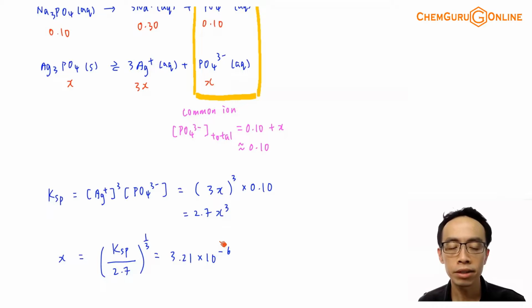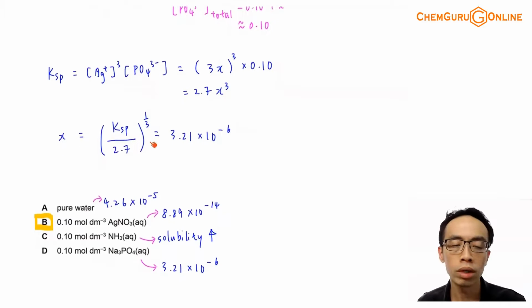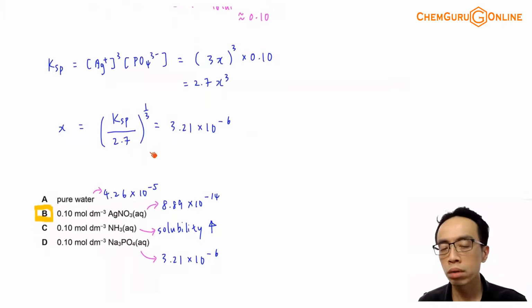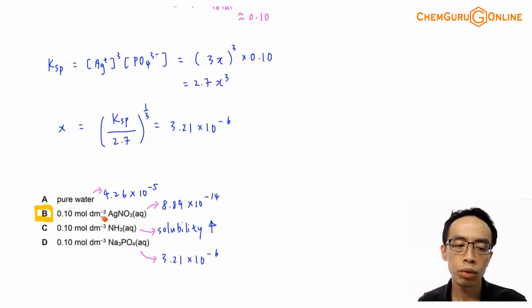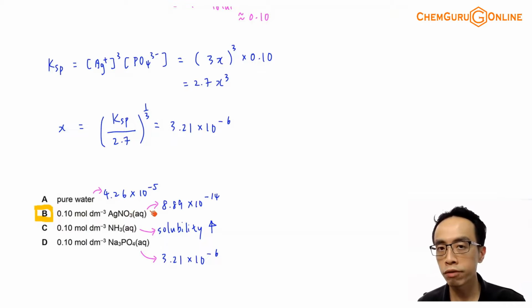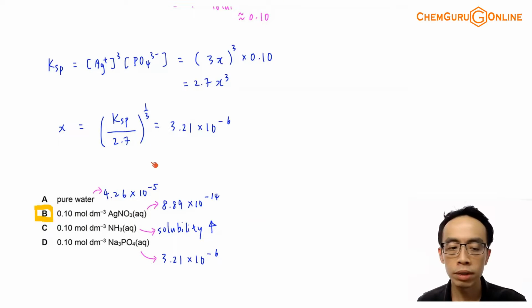So quite a bit of calculation here, but we have finally gone through all the solutions involving solubility for silver phosphate in each of these solutions. Involving solution A for pure water, solubility is 4.26 times 10 to the power of minus 5. B, in 0.1 mol per dm cube AgNO3 in presence of a common ion, solubility is 8.89 times 10 to the power of minus 14.